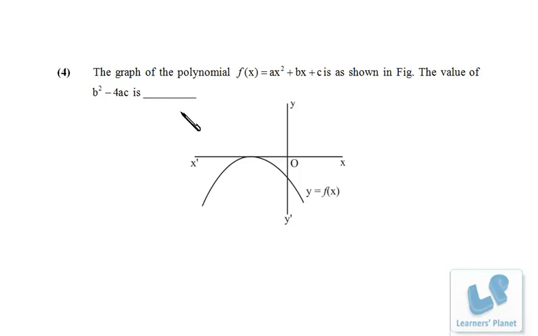Now here we see the graph of polynomial ax square plus bx plus c shown over here, and this curve is actually a downward parabola. That means the coefficient of x square is negative, but it is a downward parabola and it is touching the x-axis at only one point. That means both the zeros of this quadratic polynomial are same, right?